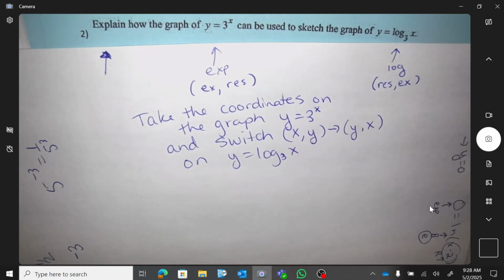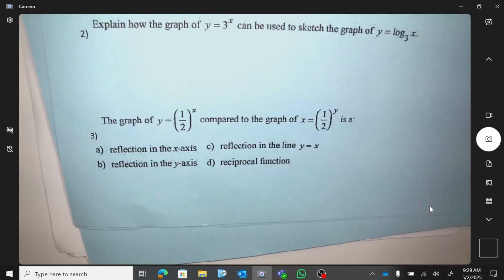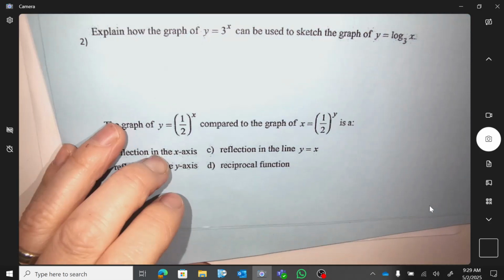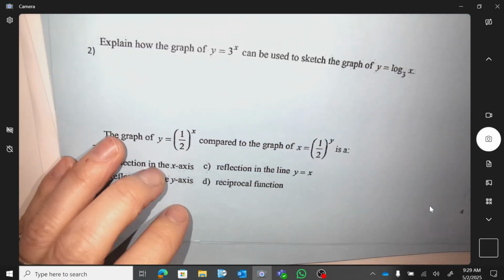Okay, you could have also talked about reflecting it diagonally. Reflect the graph. You could say that would have been a good sentence. Take the graph and reflect it diagonally over y equals x. That's the properties of inversing, switching x's and y's. Does everybody remember?